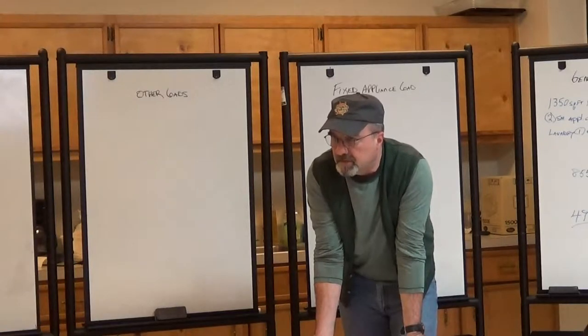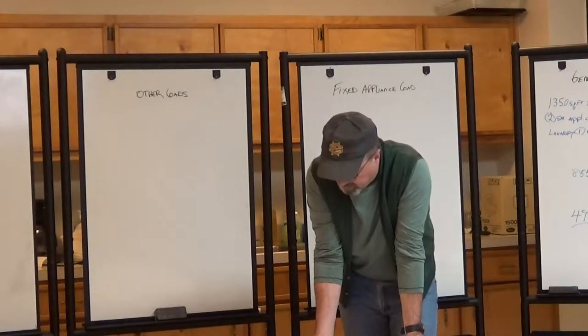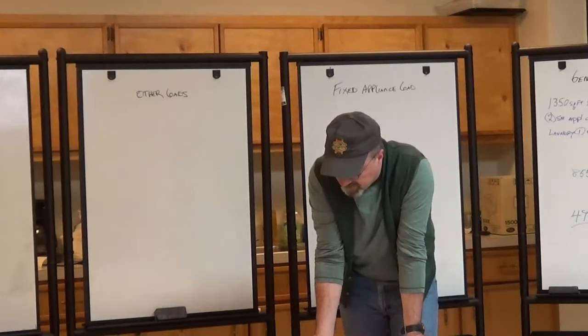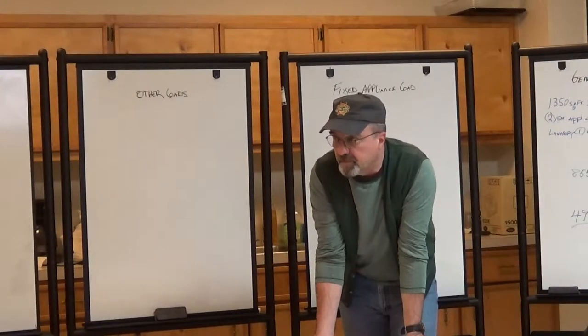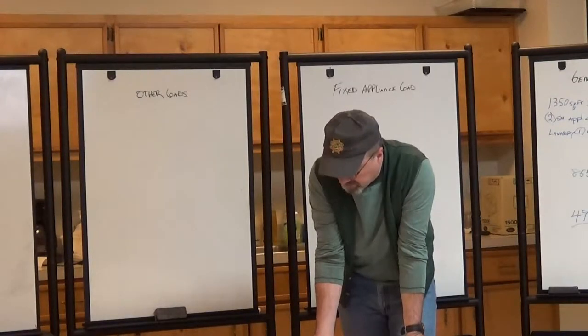No. This is not included in that. This is not what they're talking about. For fixed appliances, we're talking about the hot water tank, dishwasher, disposal, the blower motor for the HVAC system. That's what we're talking about here.